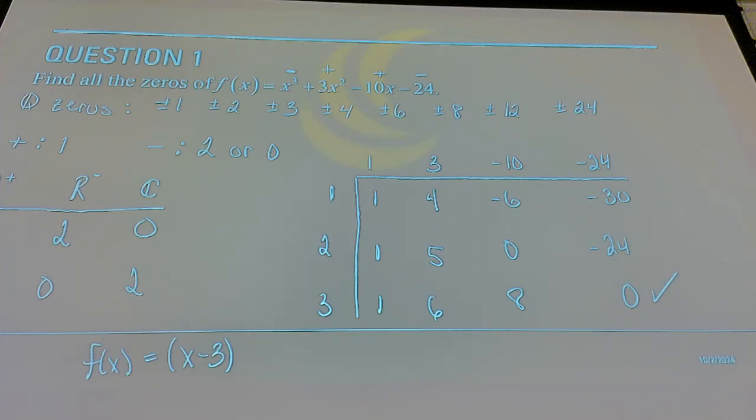Factor it out, what are you left with? It's staring you right in the face.